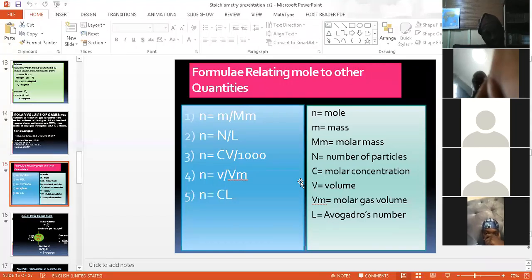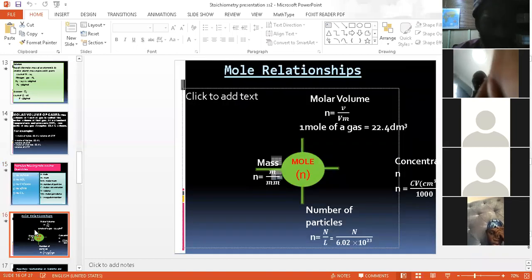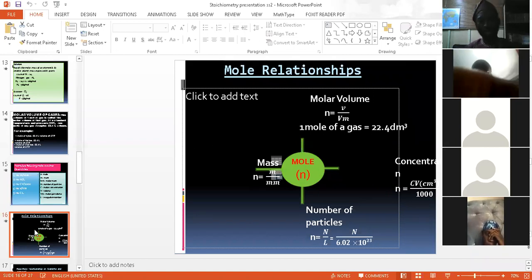V is the volume occupied by the gas at STP, while the molar volume is what? 22.4 is a constant value. Then the third formula has to do with what? Calculating number of moles based on concentration and volume.